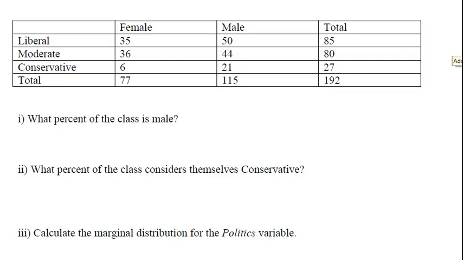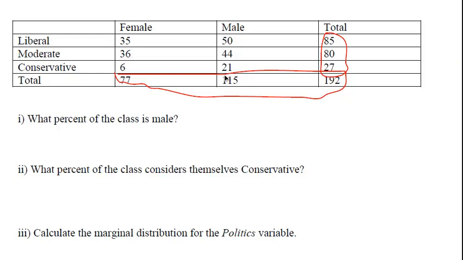Okay, what percent of the class is male? Here I'm just dealing with the gender variable. Nowhere in the question does it say anything about the political party. So when you're just dealing with one variable, you're going to be in the margins, either down here for gender or over here. In this case, it's gender.